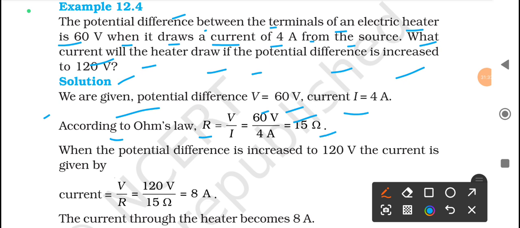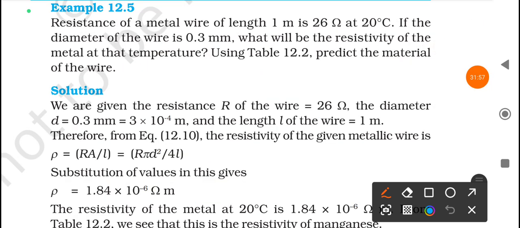According to Ohm's law, R is equal to V by I is equal to 60 volt by 4 ampere is equal to 15 ohm. When the potential difference is increased to 120 volt, the current is given by I is equal to V by R is equal to 120 volt by 15 ohm is equal to 8 ampere. The current through the heater becomes 8 ampere.